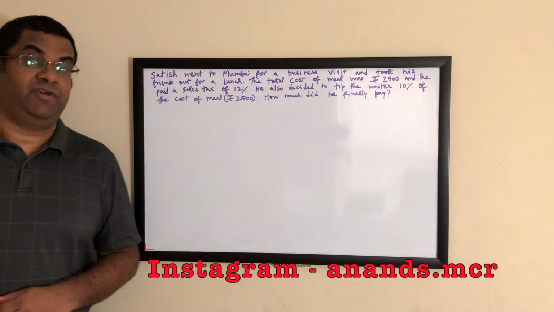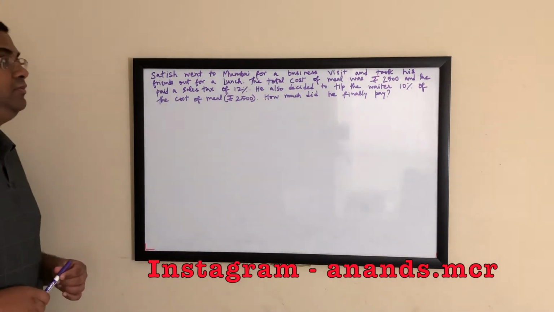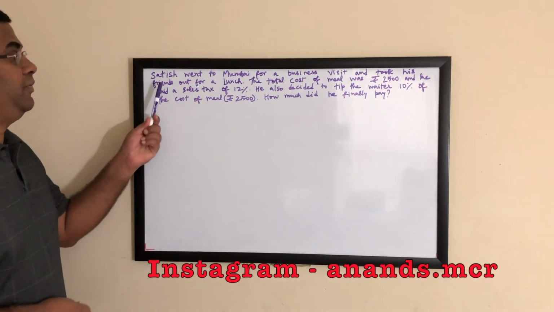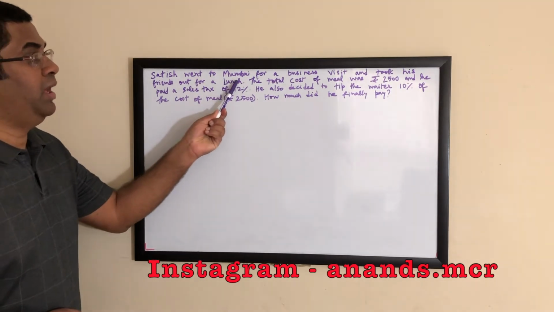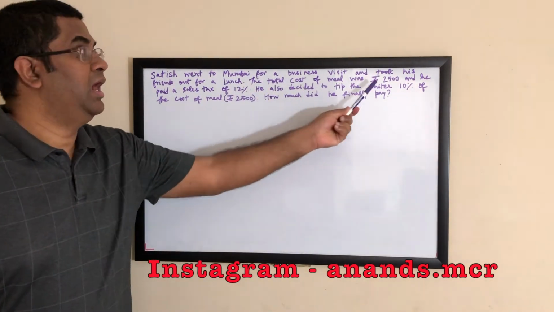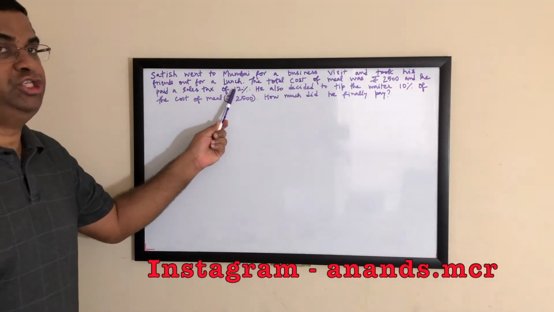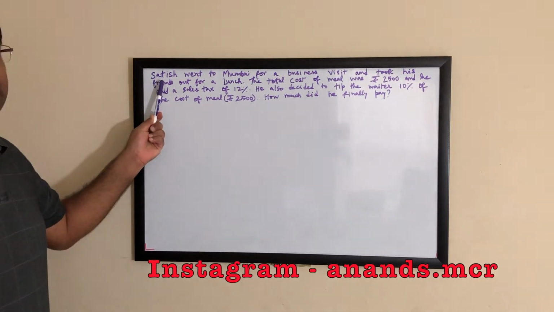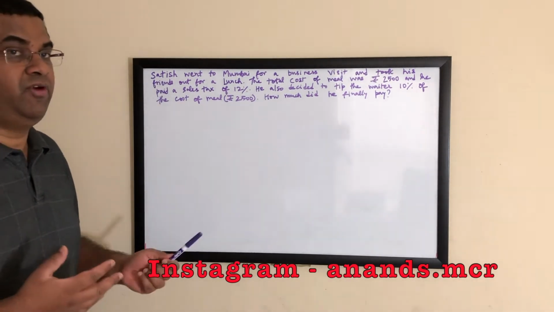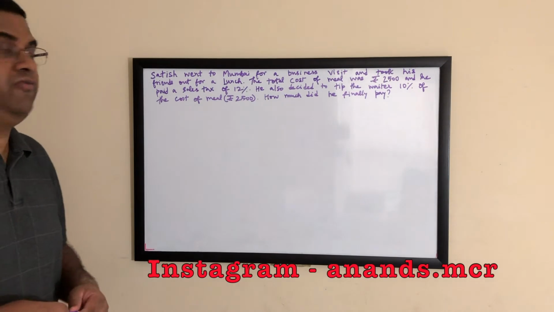Let's take a look at the first problem that we have got. Let me read it out for you. Satish went to Mumbai for a business visit and took his friends out for lunch.